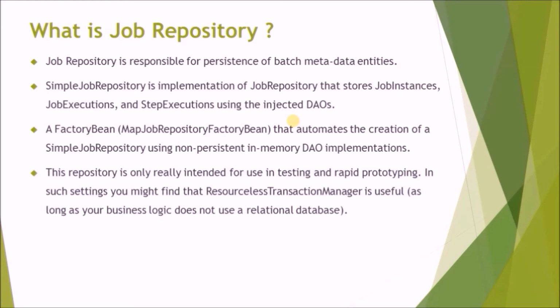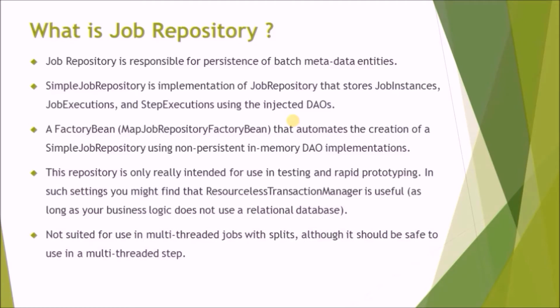This repository is only really intended for use in testing and rapid prototyping. In such settings, you might find that the resourceless transaction manager is useful, as long as your business logic does not use a relational database. It is not suited for use in multi-threaded jobs with splits, although it should be safe to use in a multi-threaded step.